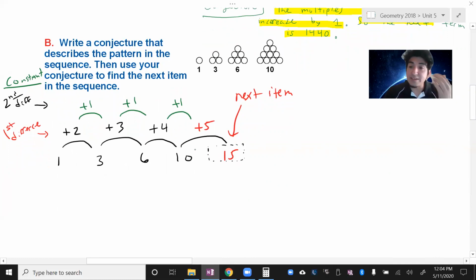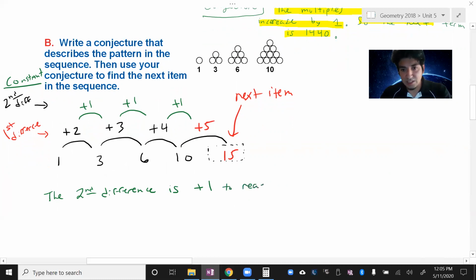So we can say that the second difference is +1 to reach the next term.